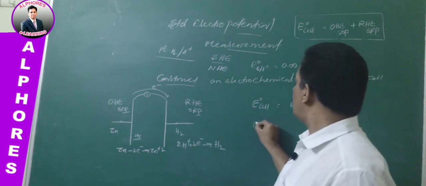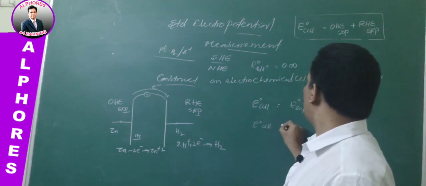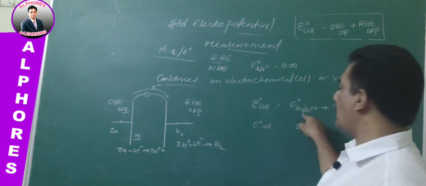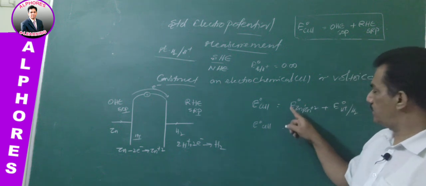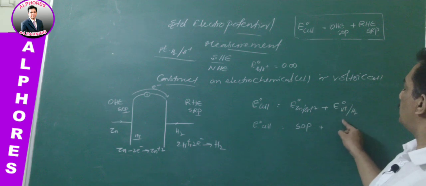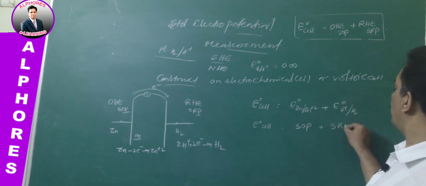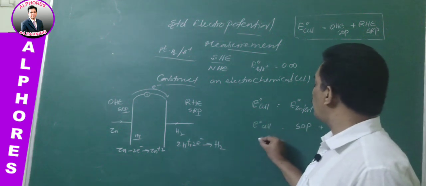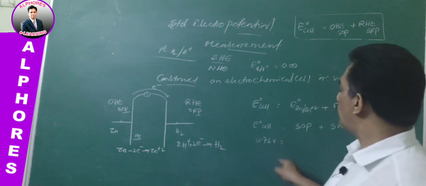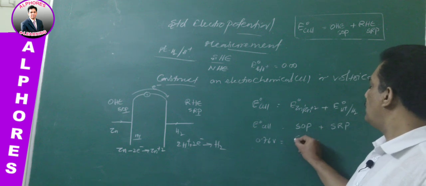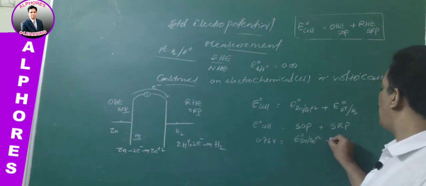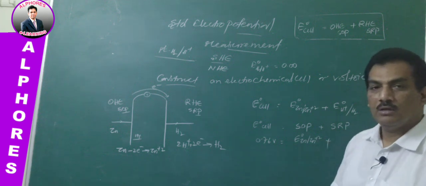And now this E naught cell is SOP, because at anode oxidation takes place, plus SRP, it is nothing but reduction SRP, and this value is found to be 0.76 volts.